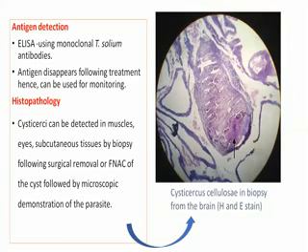Okay, after that you can go for histopathology. If you do histopathology, you can detect cysticercosis, which is usually present in the muscles, eyes, and subcutaneous tissues.